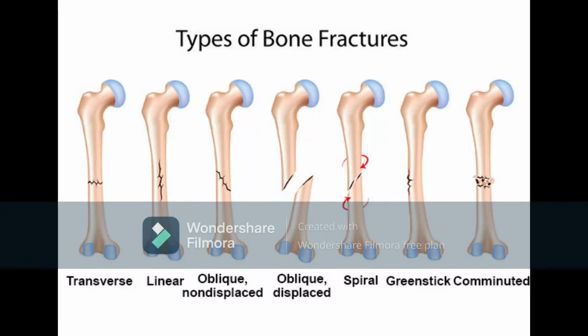The fixation they use is called ORIF, and you have a picture in your book. They put stents to keep the bone together. They put metal in your bone. The fixation is that picture right here. You see that? Anytime you have a history of fixation, you will never get an MRI.